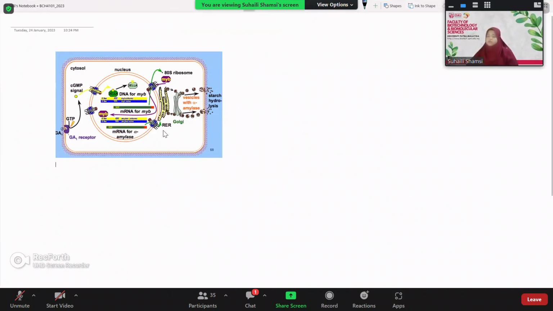This is the role of gibberellic acid. You should be able to explain the role of gibberellic acid in seed germination, in breaking seed dormancy.